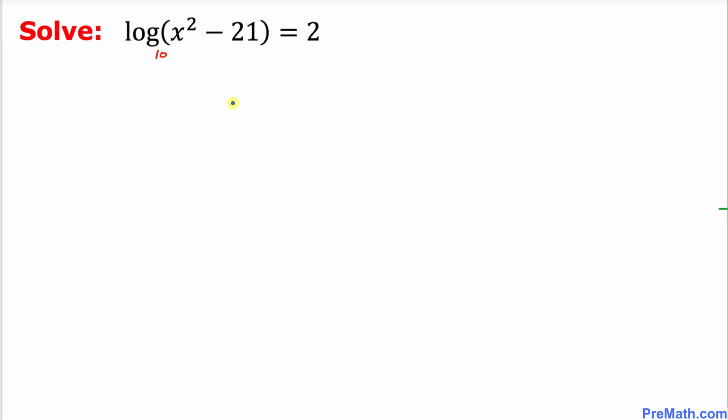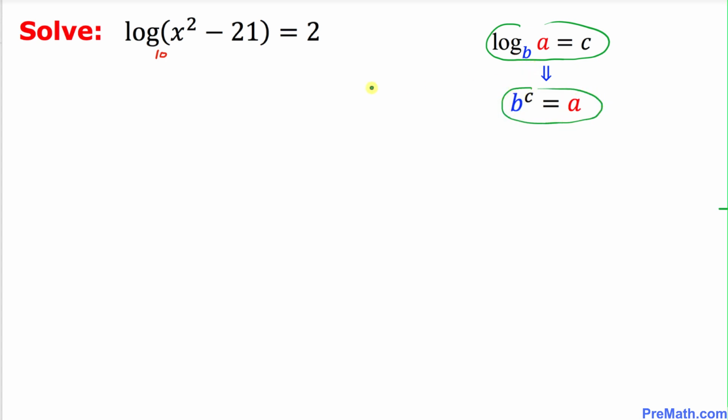And now we are going to solve this equation, and we want to convert this logarithmic form into an exponential one. Therefore, we are going to use this fact from logarithmic form to an exponential form. This 10 is our base.